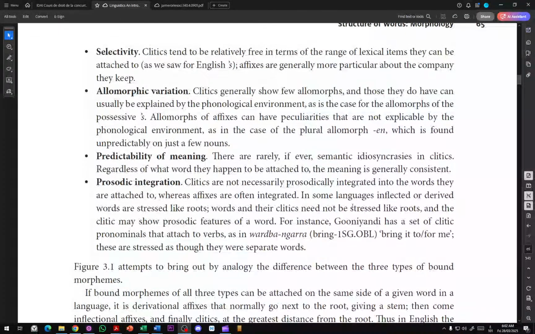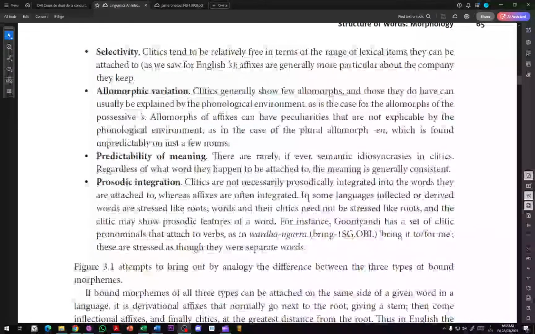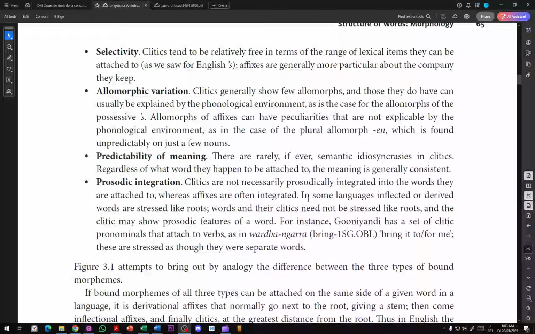Words and their clitics need not be stressed like roots, and the clitic may show prosodic features of a word.